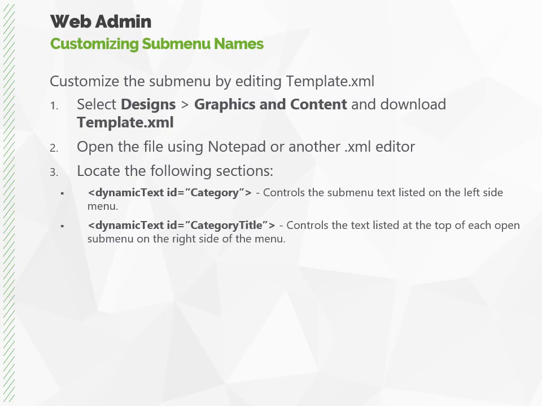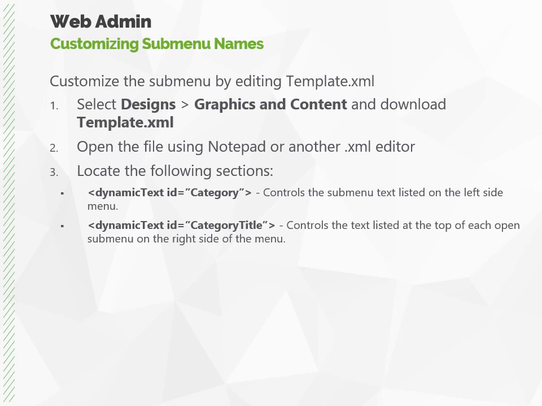To customize the submenu names, in Web Admin select Designs, then select Graphics and Content and download the template.xml file. Use Notepad or another .xml editor to open the file.